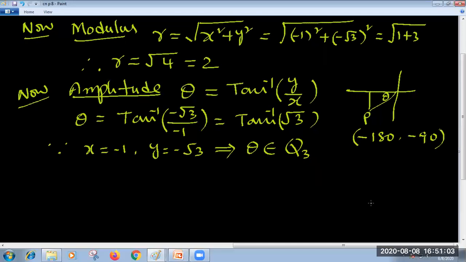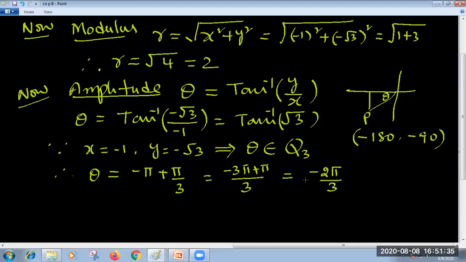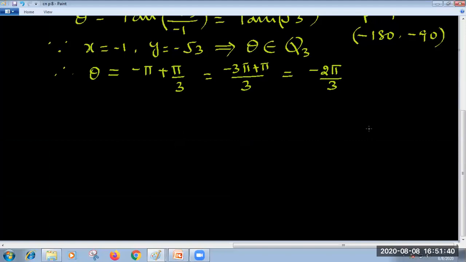So the angle is equal to minus 180, that is minus pi, plus 60, that is pi by 3. Now taking LCM, minus 3 pi plus pi, that is equal to minus 2 pi by 3, is the amplitude of this given complex number.